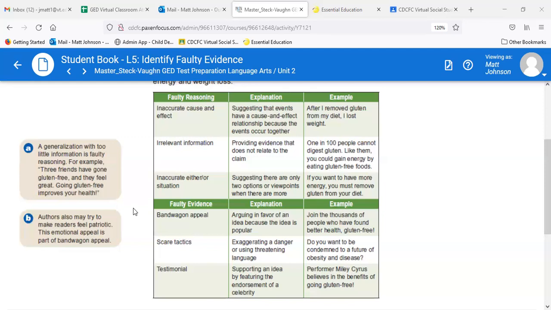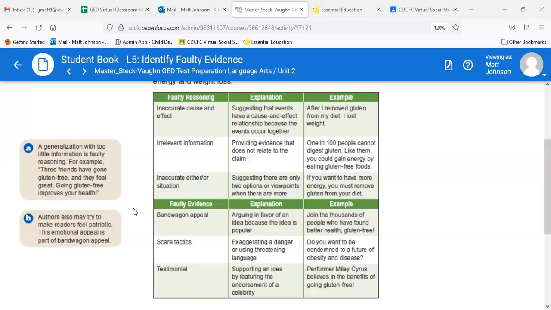So second, irrelevant information. So you provide evidence that does not relate to the claim. Here it says 1 in 100 people cannot digest gluten. Like them, you could gain energy by eating gluten-free foods. That doesn't line up. Right, there's specific conditions like celiac disease, right?